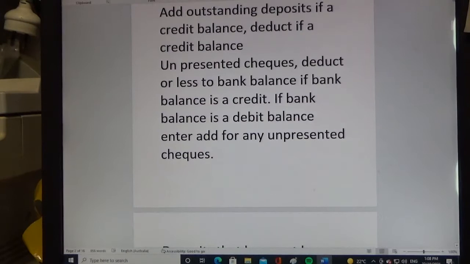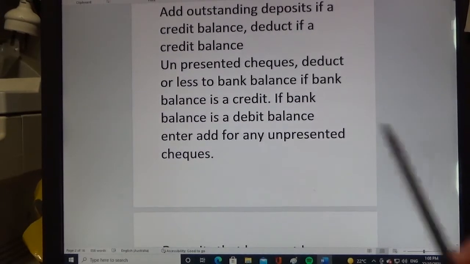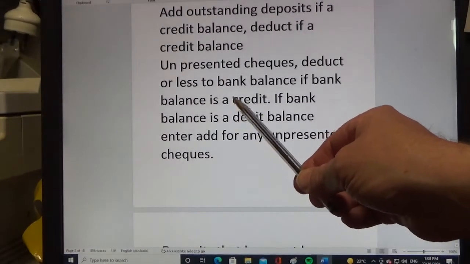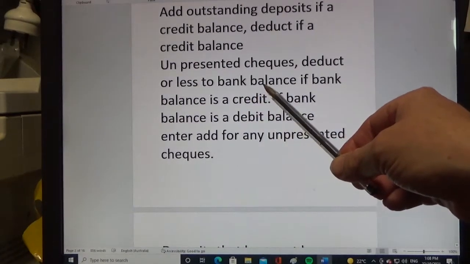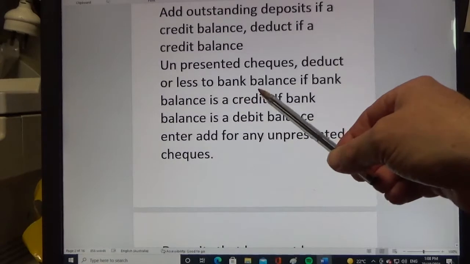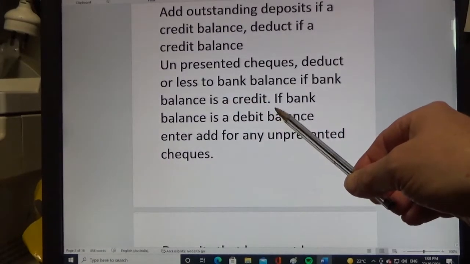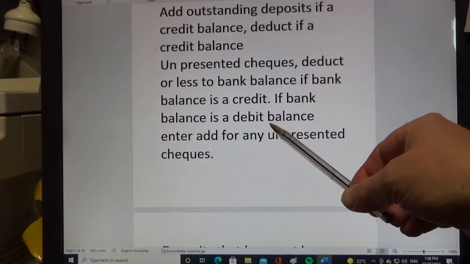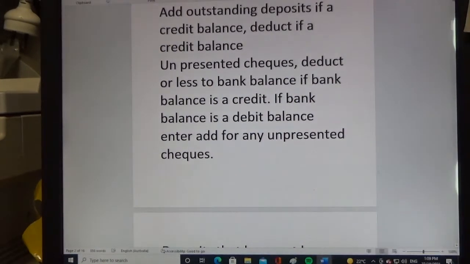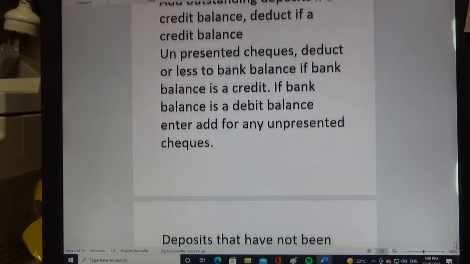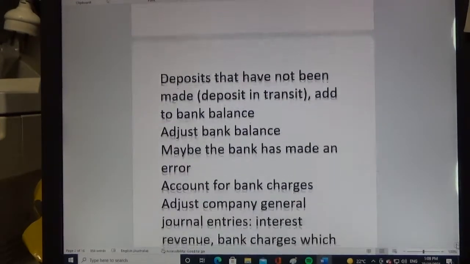With unpresented checks, if the bank statement is a credit balance, you deduct or less unpresented checks, but if the bank balance in the bank statement is a debit balance, unfavourable, you add unpresented checks. So if you're asked to do this in an exam, you really have to memorise that parrot fashion if you're not given it.